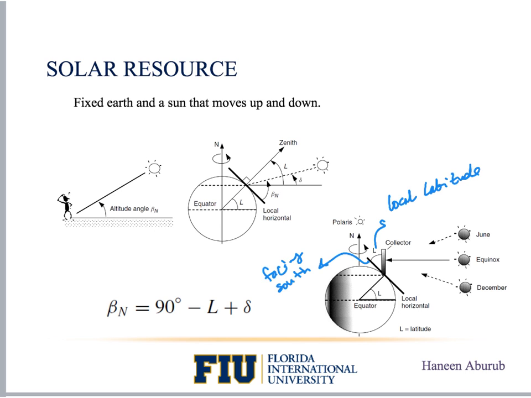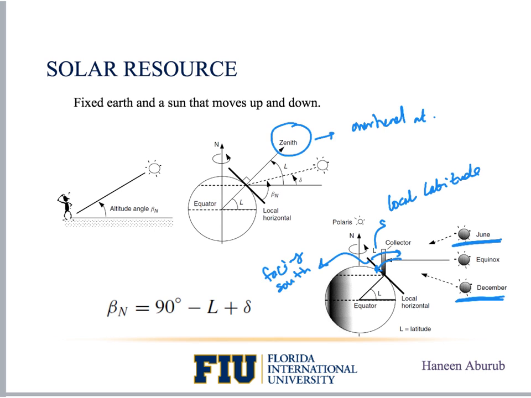Now, as can be seen in the figure, for winter collection we might want to increase the tilt angle, and for summer efficiency we might want to decrease this angle in order to increase the efficiency of our solar collector. And now there is something called the zenith. The zenith is the axis drawn directly overhead at the site.